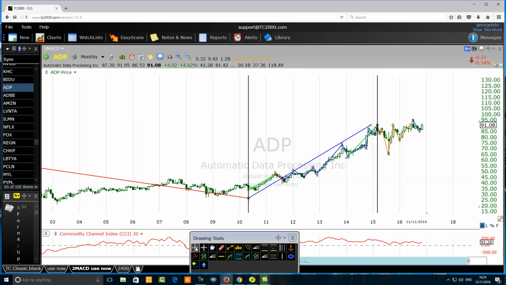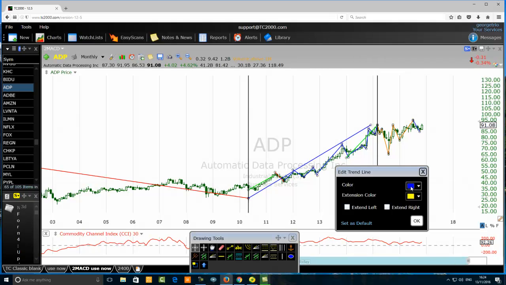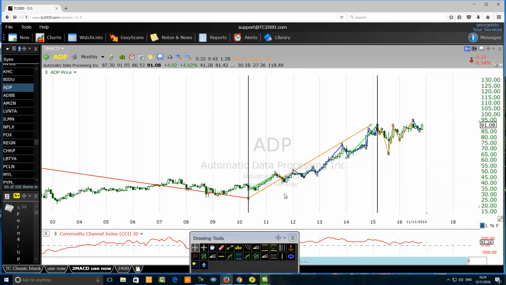So I'm going to color the third area wave orange. And we're going to look at the internal wave of the third wave, because the third wave should be subdivided into 5 minor waves. Does it make sense?